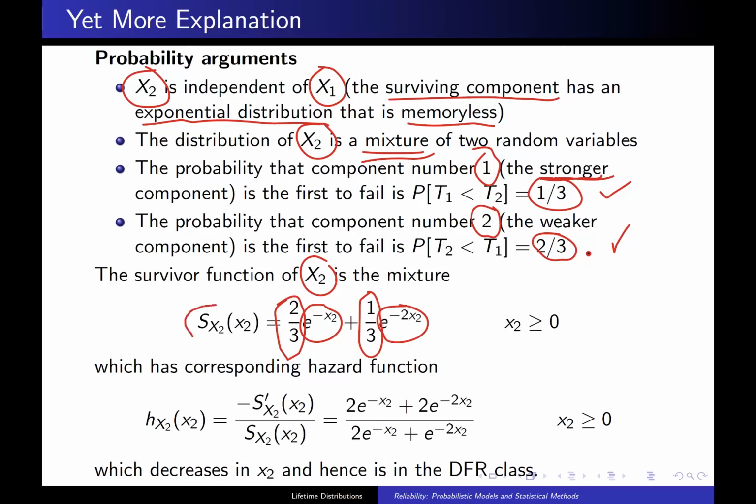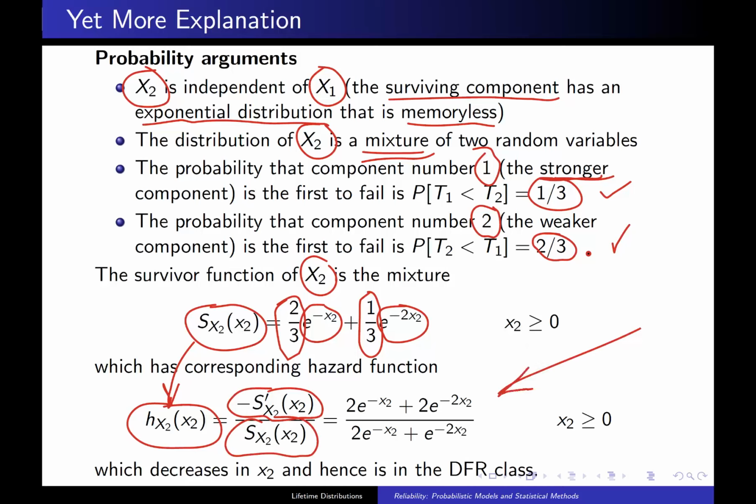Now remember, this is a survivor function. You can then go to the hazard function by taking the opposite of the derivative in the numerator and putting the survivor function in the denominator, and you wind up with this quantity right here. Well, if you were to plot that out, you will see that that is in the DFR class.